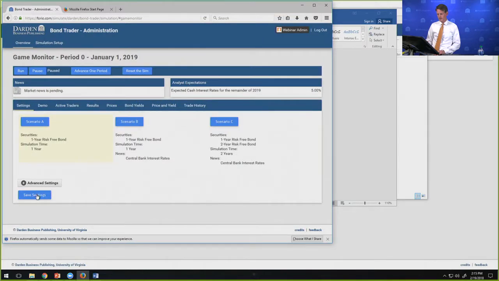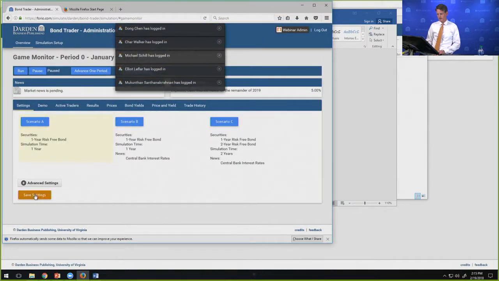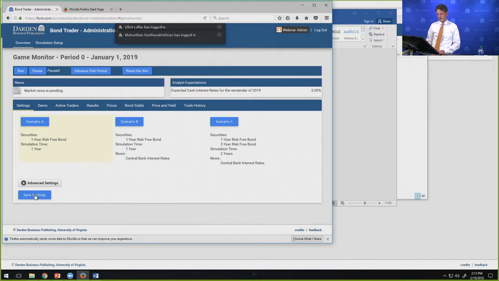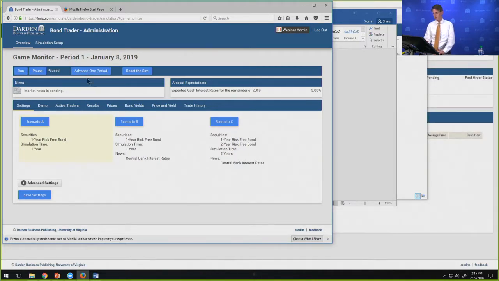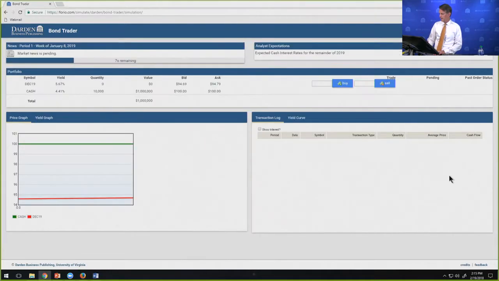So I'll do that, scenario A, then I'll click on Save Settings. So we have Save Settings done. And then I start by advancing one period. So we'll advance to January 18. That will now populate all of the information so that students can begin making a trading decision.